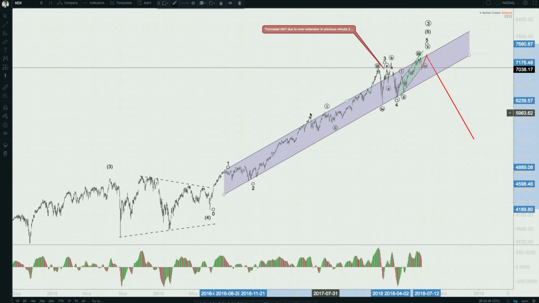Why do I think this? Because generally these trends happen within trend channels, and waves 1, 2, and 4 tend to be the key anchor points for the channeling of a trend.